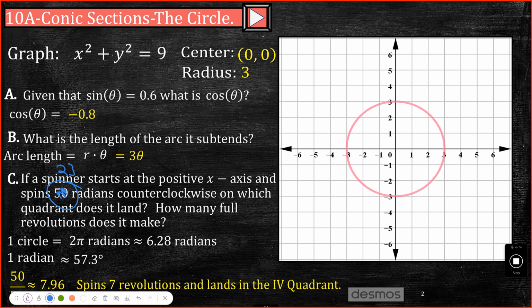If a spinner starts at the positive x-axis and it spins 23 radians counterclockwise, which quadrant does it land and how many full revolutions does it make?